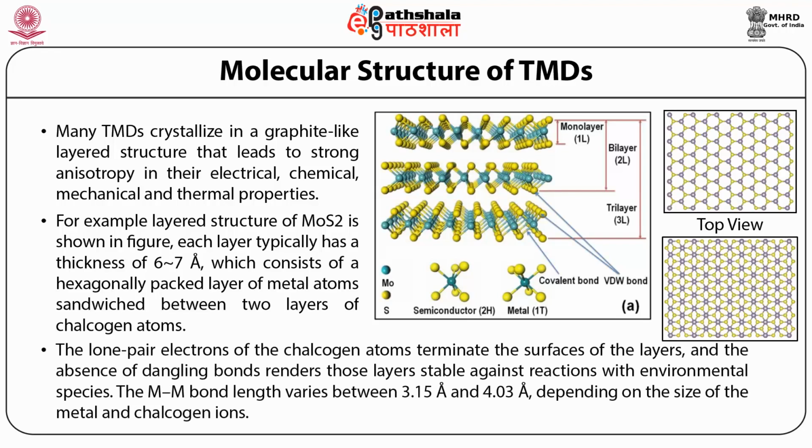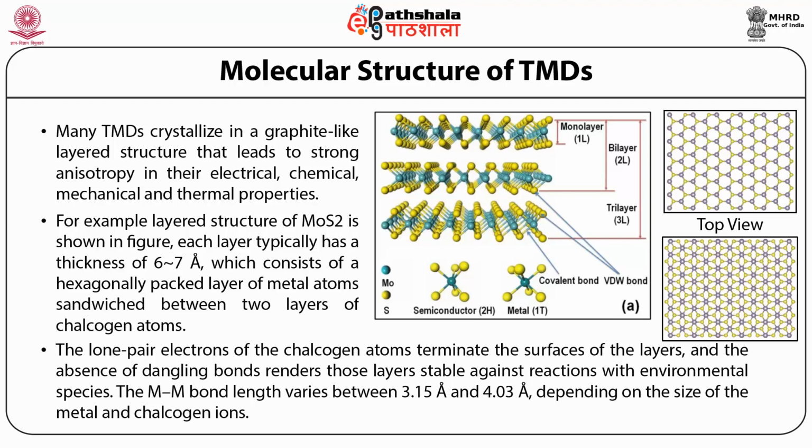The lone pair electrons of the chalcogen atoms terminate the surface of layers, and the absence of dangling bonds renders those layers stable against reaction with environmental species. The M-X bond length varies between 3.15 angstrom and 4.03 angstrom depending on the size of the metal and chalcogen ions.